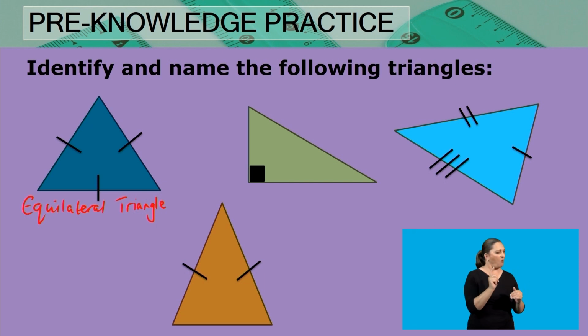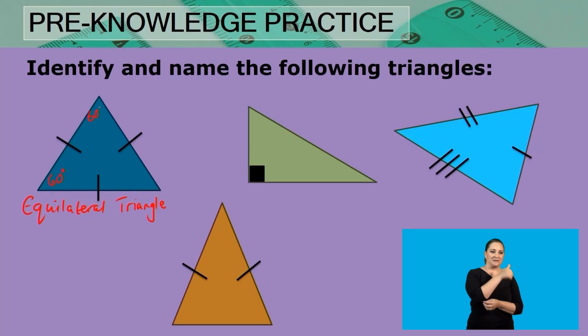And remember, because all of the angles are equal, and all of the interior angles add up to 180 degrees, that means that each angle can only be 60 degrees, because 60 degrees is the only angle that when multiplied by 3, the product is 180 degrees.